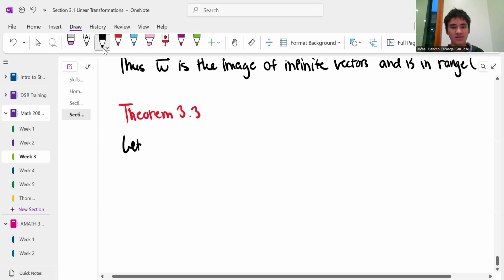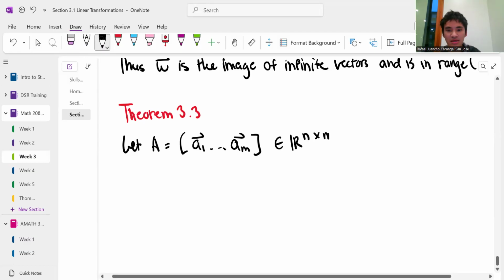So here we let A be A sub 1 all the way to A sub m. So these are a column of vectors, right? And this is an n by m matrix, n rows, m columns.